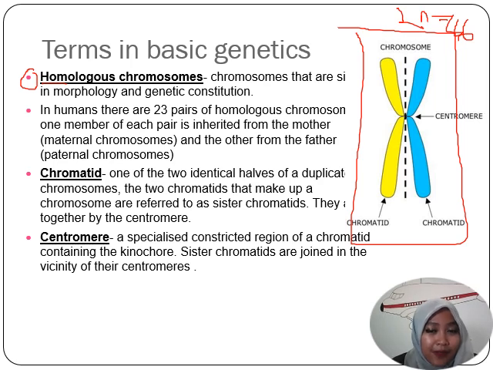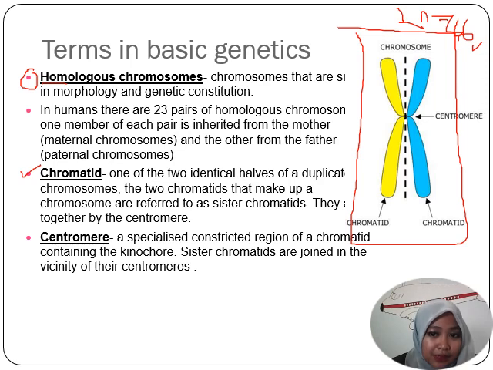So everything in these chromosomes will be in pairs. Humans have 46, but in homologous chromosomes we have 23 pairs, meaning they are the same.